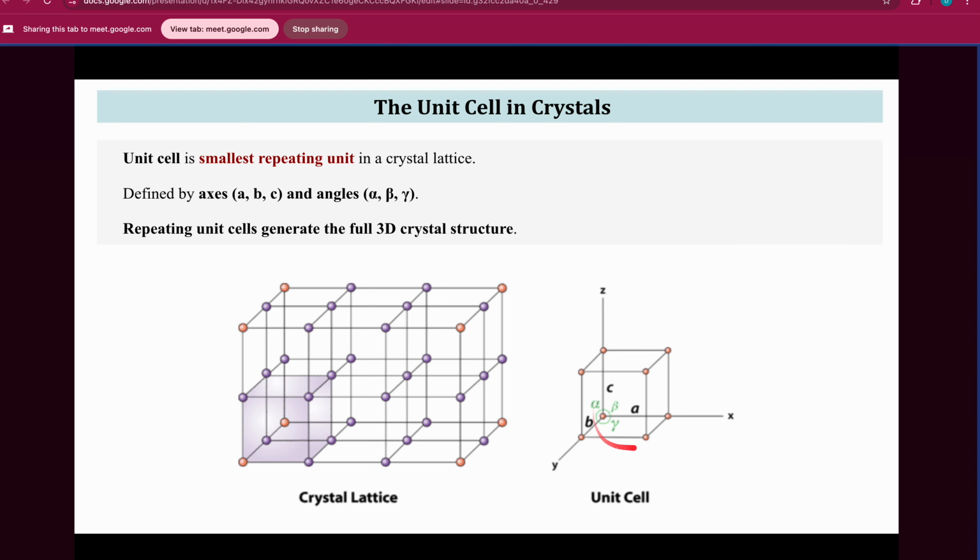The unit cell is defined by three different axes, x-axis, y-axis and z-axis, or you can also call them the A, B and C axes, and each pair of axes has an angle. The angle between the A and C axes is beta, the angle between the A and B axes is gamma, and the angle between the B and C axes is alpha. So the unit cell has three different axes and three different angles, and repeating unit cells generate a full 3D crystal structure. Unit cells are the smallest units of a crystal.